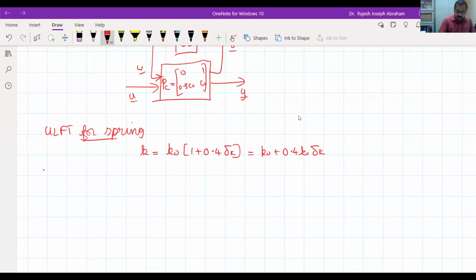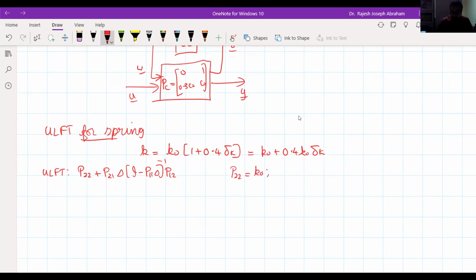If you compare again with the ULFT, P22 plus P21 delta into I minus P11 delta whole inverse P12, with a one-to-one comparison you will see P22 is K naught and P21 is 0.4 K naught.